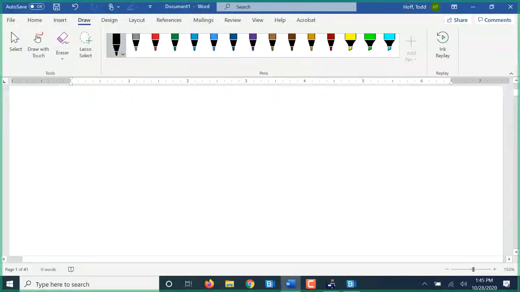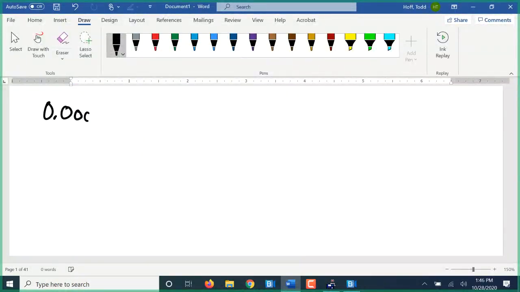So if I want to convert, like, 0.0000089, I identify my first non-zero digit. That's the 8 right there. So I'll move my decimal point so it's after the 8.